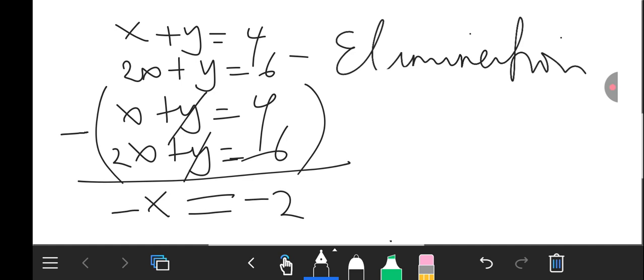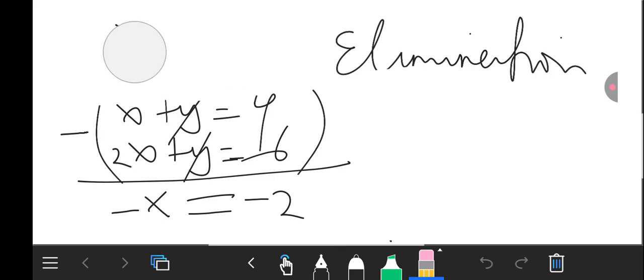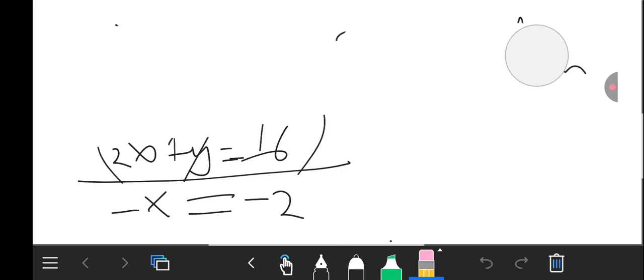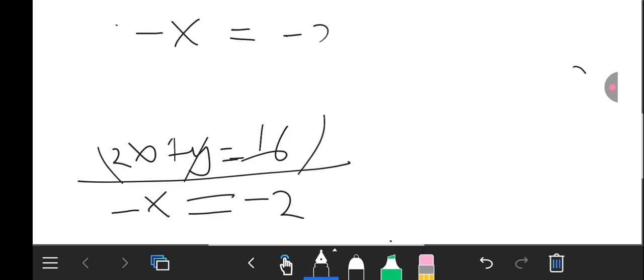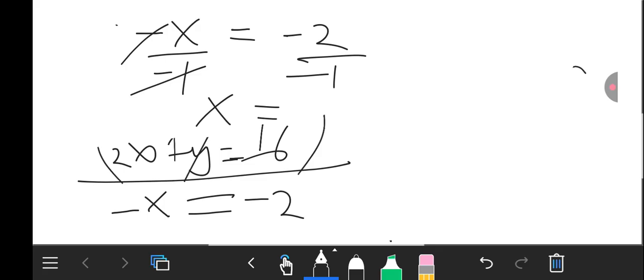So we have this equation, which is negative x is equal to negative 2. You can divide by negative 1 over negative 1. You cancel out, x will be equal to negative 2 divided by negative 1, that is just positive 2. Because negative divided by negative is equal to positive.